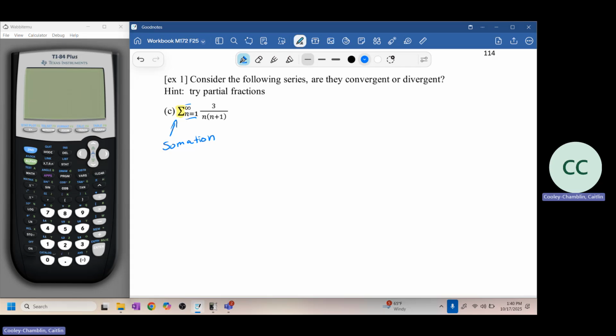That means we're going to plug in 1 into the 3 divided by n times n plus 1, and then we're going to plug in 2. We're going to plug in 3, 4, 5, 6. We're going to keep going. We're going to add them together. So let's write this out to the first 5 terms.